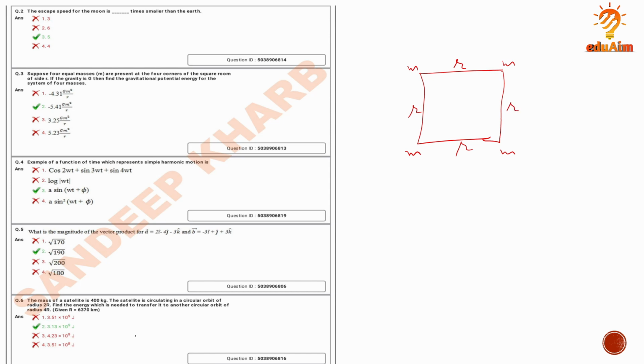So if we calculate the diagonal, it is root 2 r.